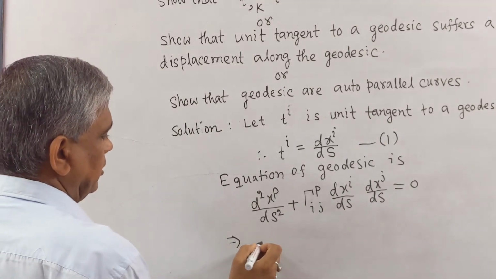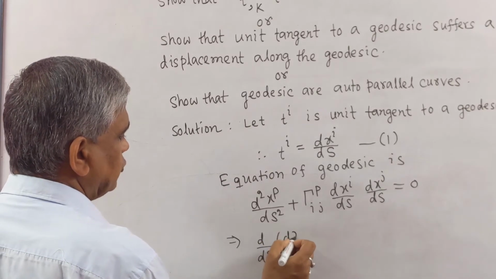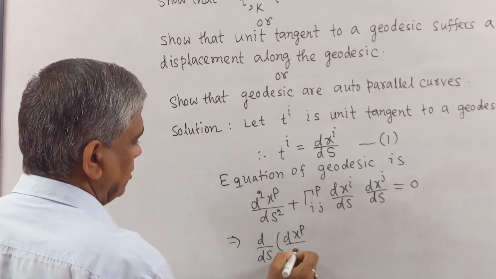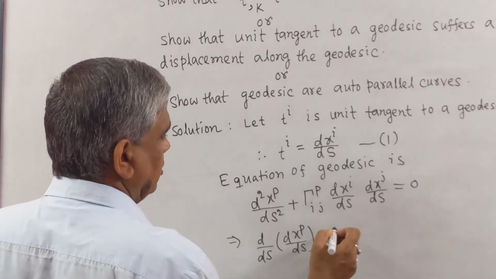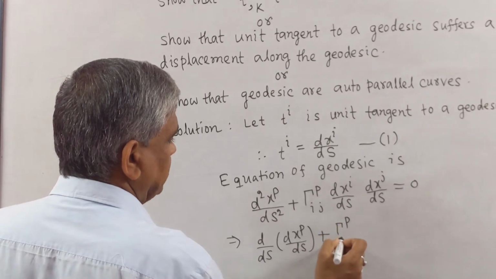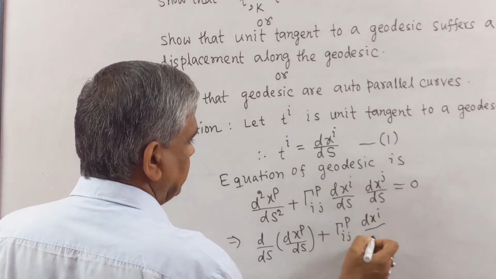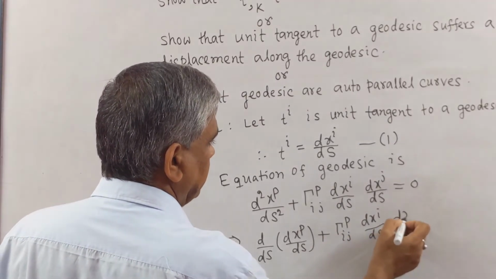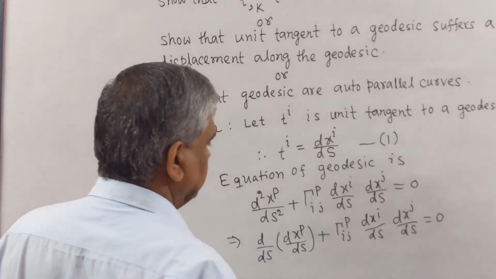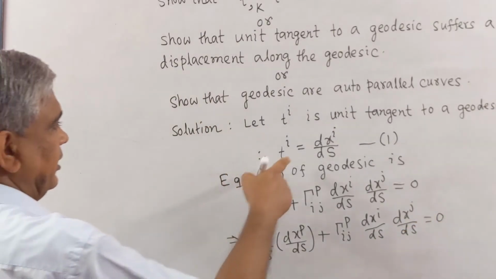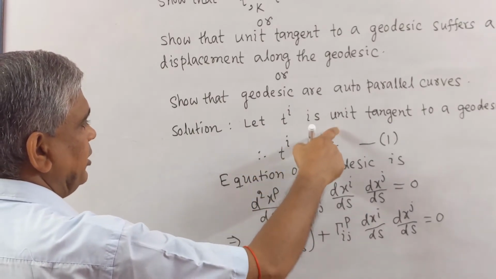implies that d by ds of dxp by ds plus Christoffel symbol of the second kind, dxi by ds, dxj by ds equals 0. Here Ti equals dxi by ds, therefore Tp equals dxp by ds.